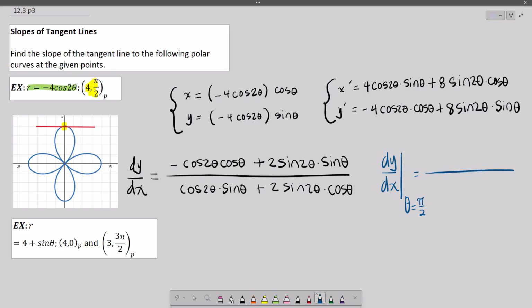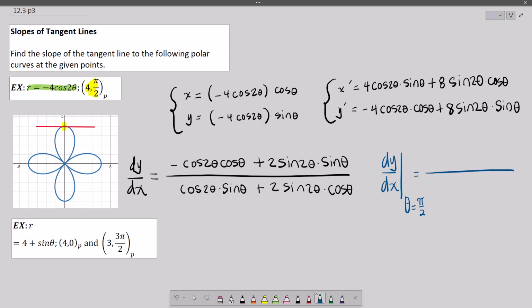So we're plugging in pi over 2. When we plug in pi over 2 right here, we end up finding cosine of pi. Down here, we end up finding cosine of pi. Cosine of pi is -1, not a 0, so let's just ignore that for a moment.